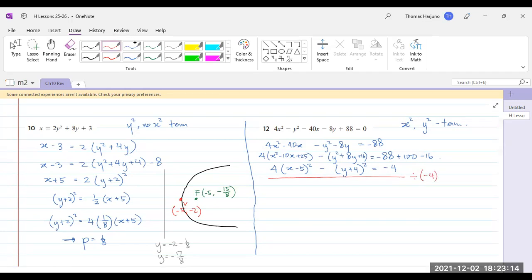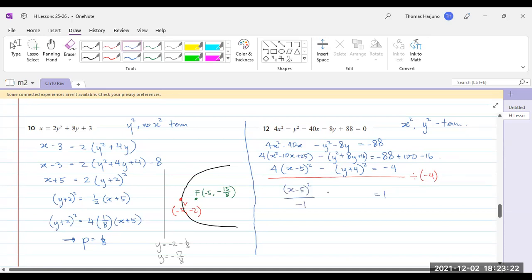on the right hand side, then this will be (x minus 5) squared over -1, minus, actually becomes plus (y plus 4) squared over 4. I don't like this.